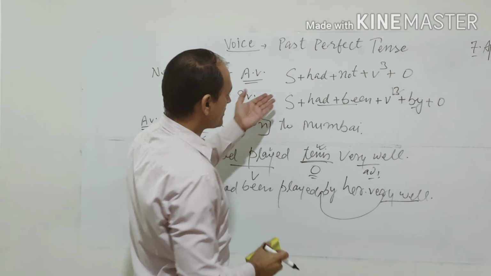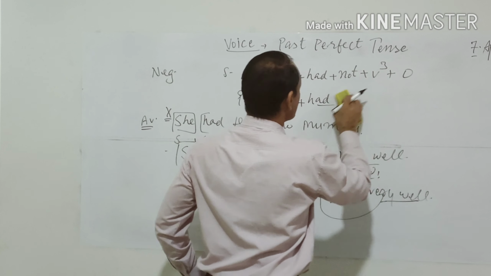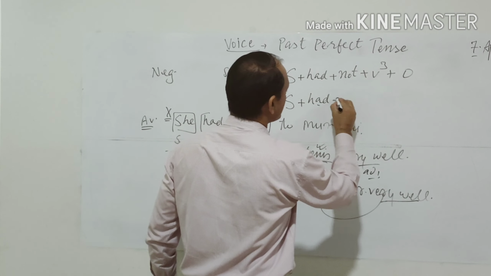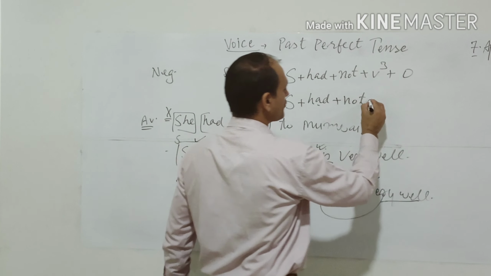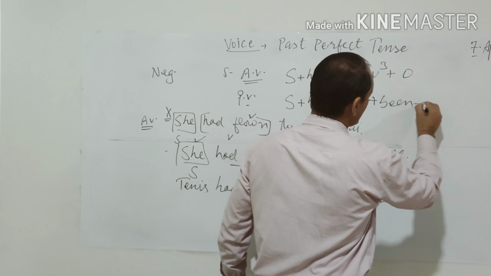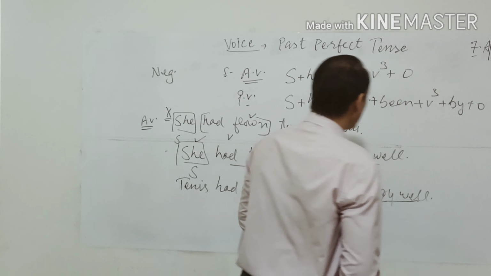If we change the same into passive voice, the passive also will have a change, and that change is only the insertion of not: had not been, third form of the verb, by, and then object.